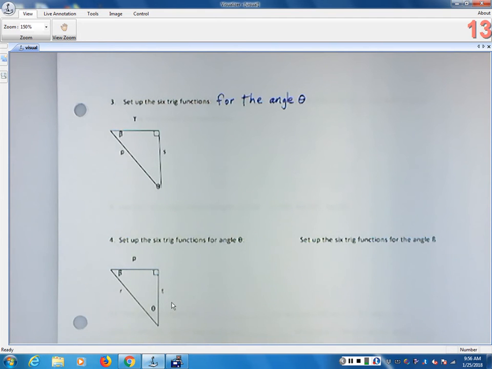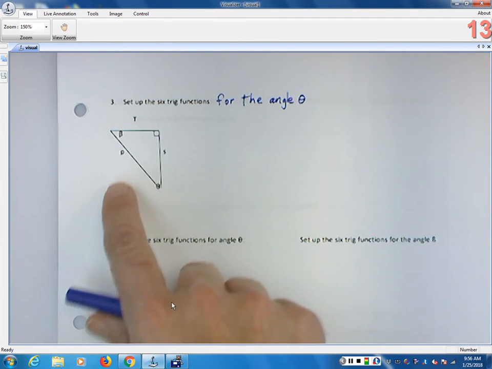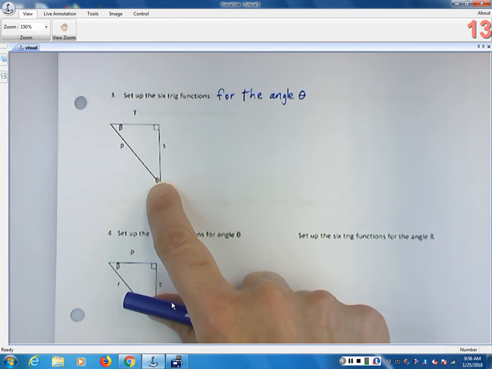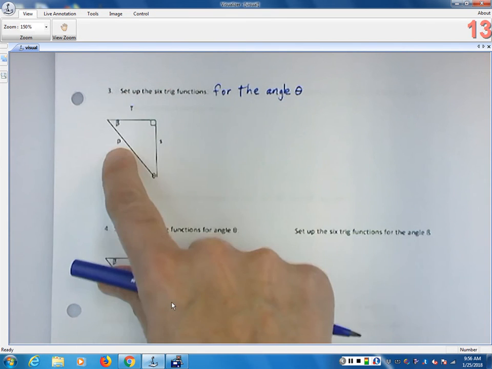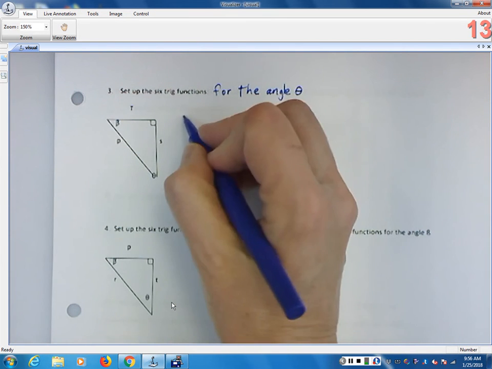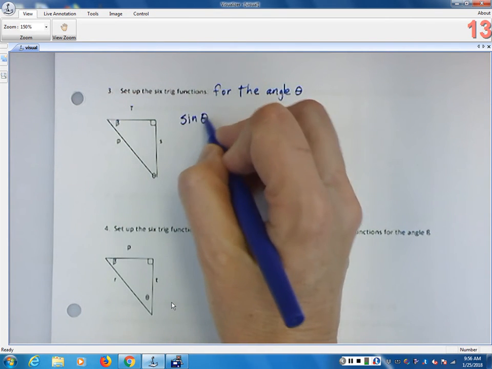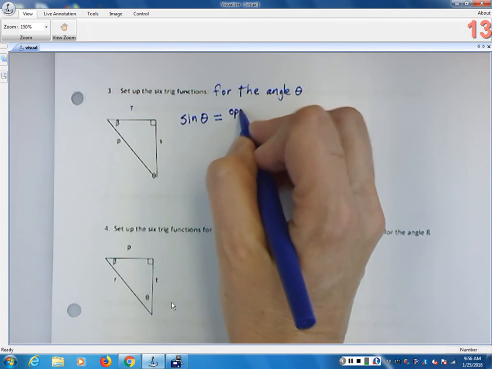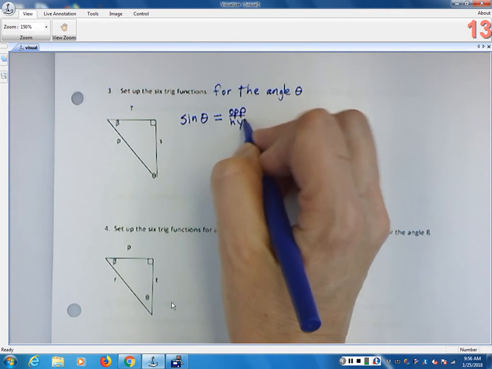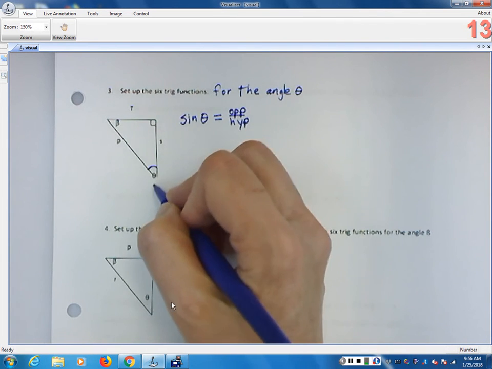Sine is opposite over hypotenuse. This is theta, so opposite over hypotenuse. I'll do the first one. Sine theta then is opposite over hypotenuse.